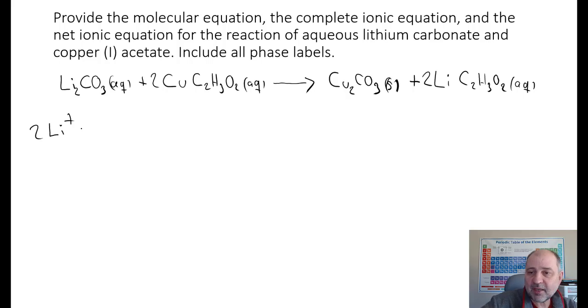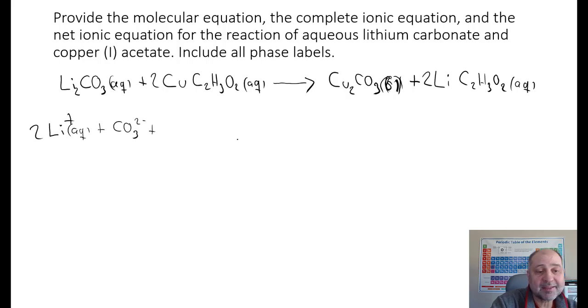So the only phase label you need is the solid. The reason for that is I'm going to run out of space in this line if I put a phase label everywhere. But you know, technically this is aqueous, just to make sure. So we have lithium ions, 2 of them, and we have carbonate ions.